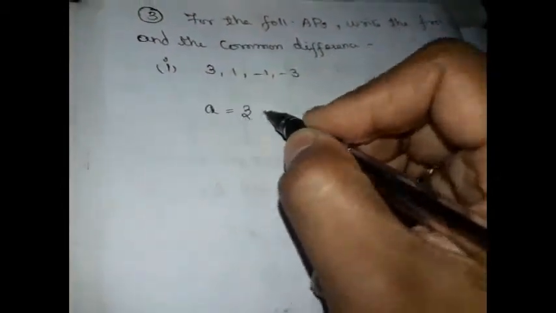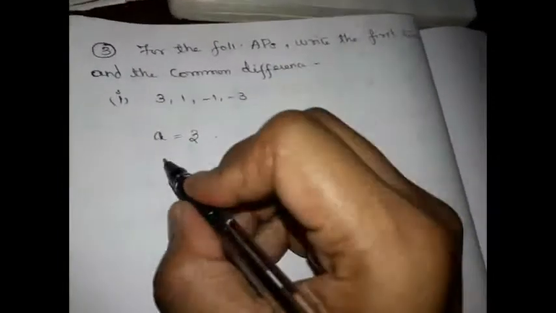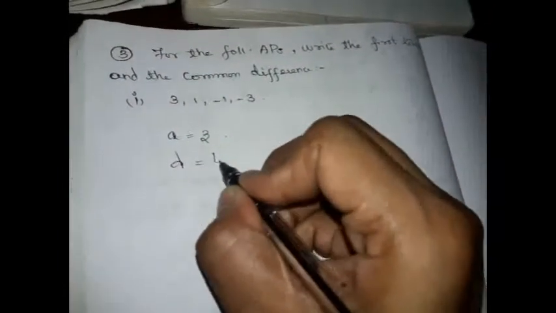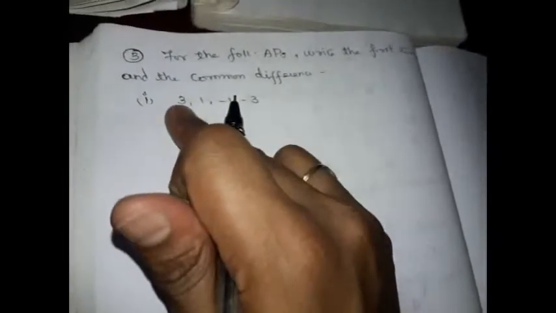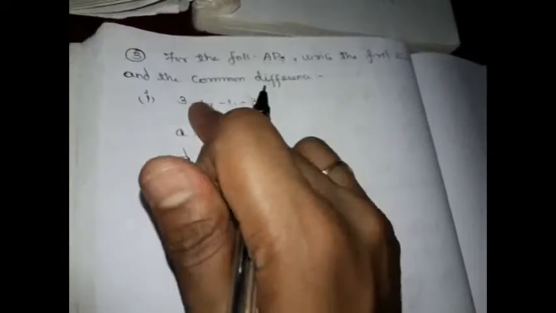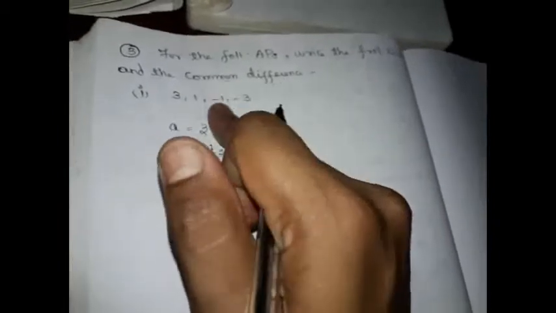For the following APs, it is given clearly that they are APs, right? For the following APs, write the first term and the common difference. What is our first term? A equal to 3, right? Now how will you find your common difference? D is T2 minus T1, second term minus first term, or third term minus second term, fourth term minus third term.